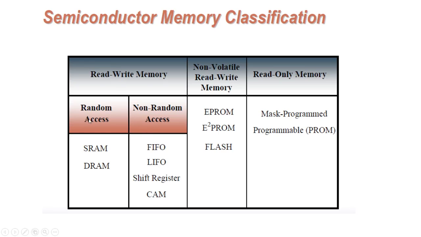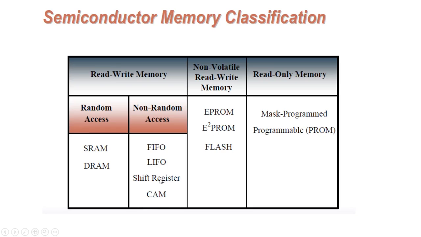Coming to read-write memory which is non-randomly accessible, we have FIFO and LIFO, that is first in last out and last in first out, and of course shift register type of memories. And then we have CAM, which stands for content addressable memories, where you can address a particular content specifically and go straight to it.